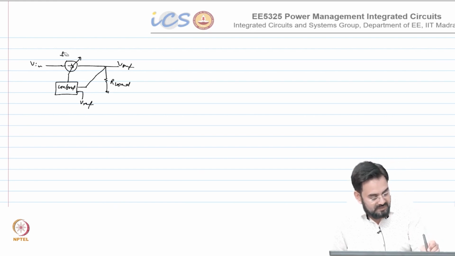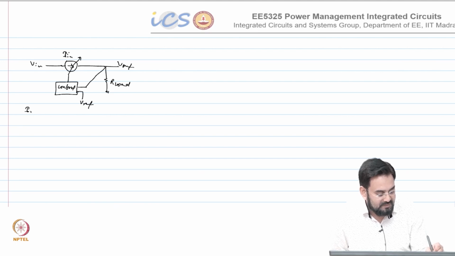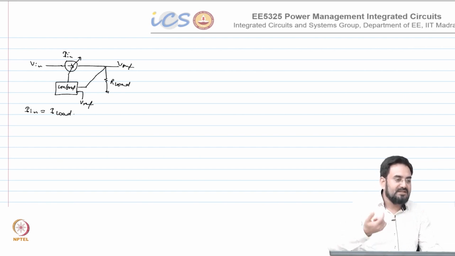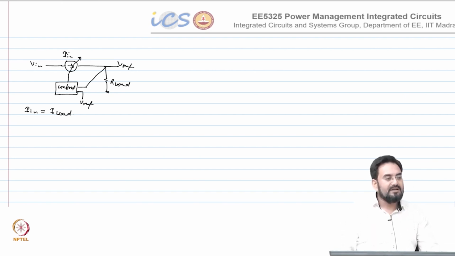Which means your I in equals I load. If your I in is varied based on the load current, whatever load you require, and it will supply the same load current, then your output will remain constant.